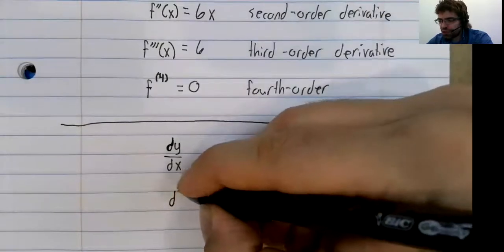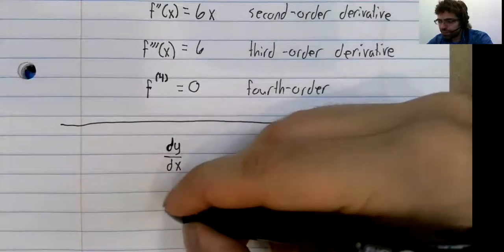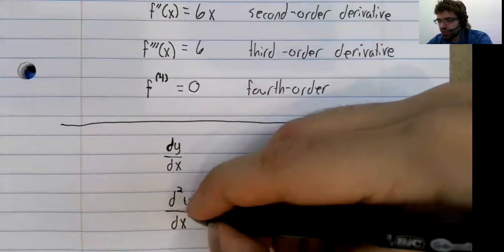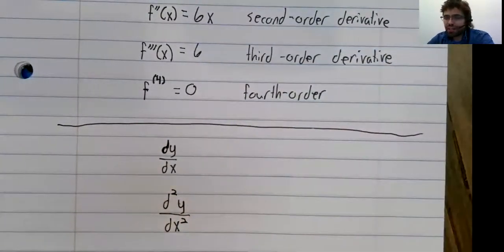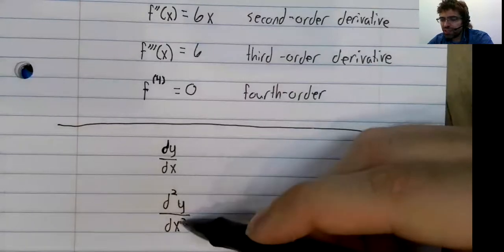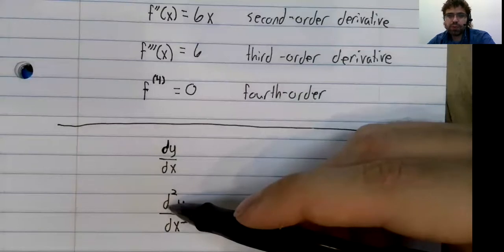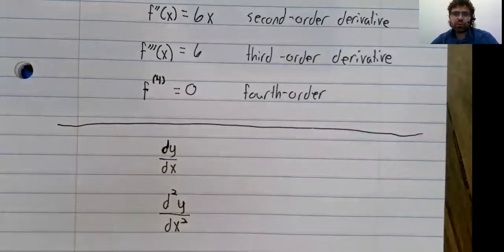We put a 2 here for second, and a 2 here for second. And what I don't like is that it's easy to forget which of these numbers comes between the d and the variable, and which of them comes after the variable.